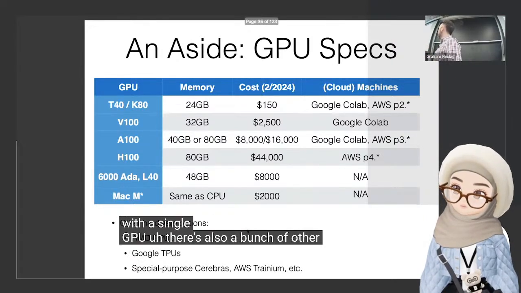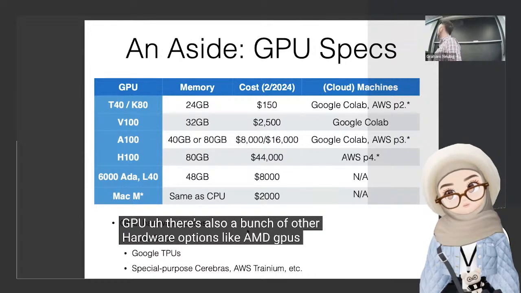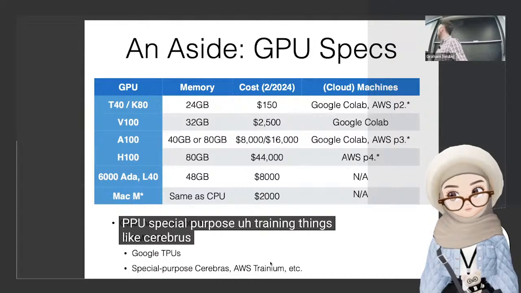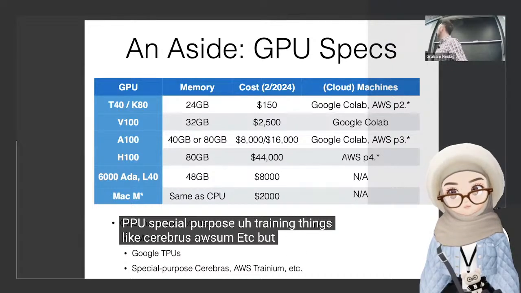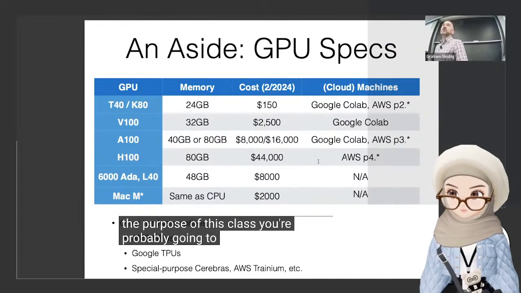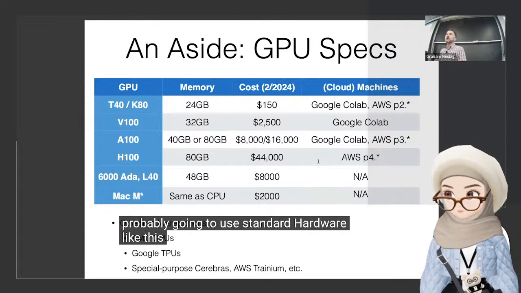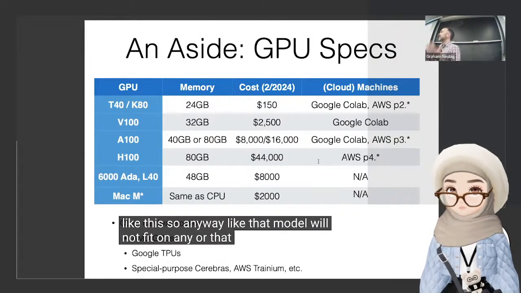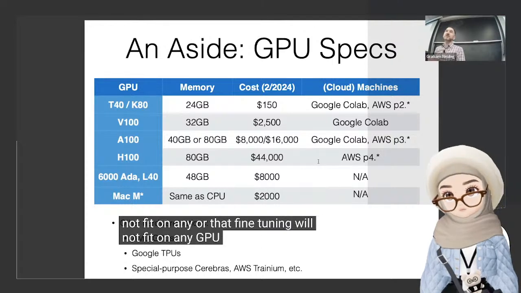There's also a bunch of other hardware options like AMD GPUs, Google TPUs, and special purpose training hardware like Cerebras and AWS Trainium, but for the purpose of this class you're probably going to use standard hardware like this. So that fine tuning will not fit on any GPU that you have available.